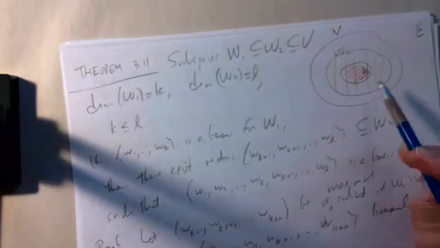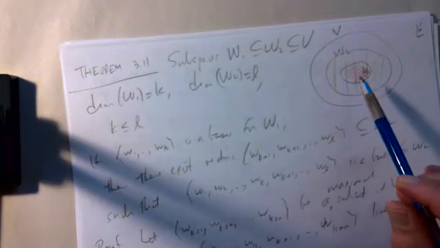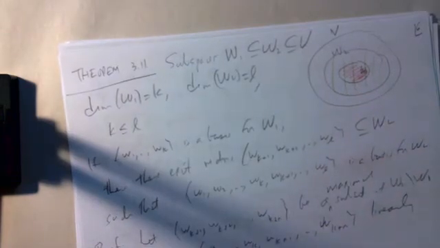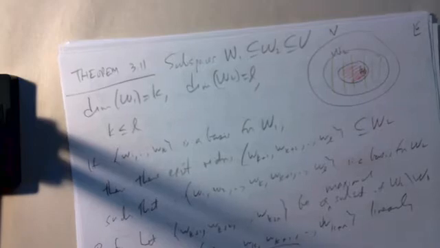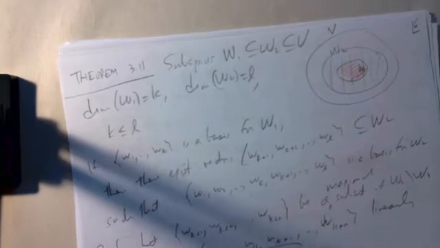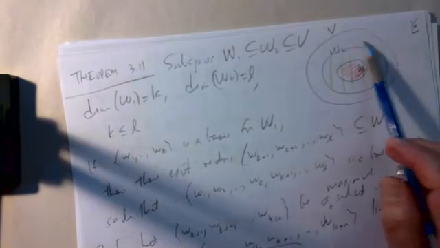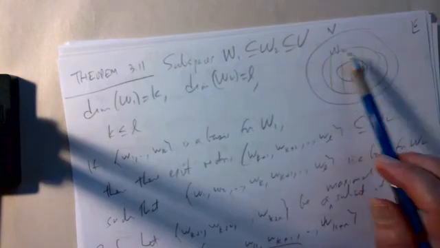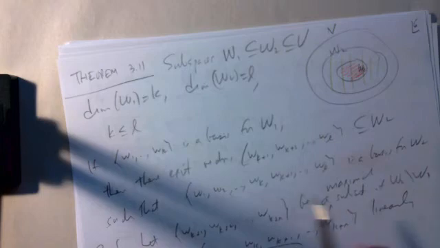Now, the largest linearly independent set will have at most L elements, so we know that k plus r is less than or equal to L, because W2 has dimension L, so you cannot have more than L elements in W2 that are linearly independent.